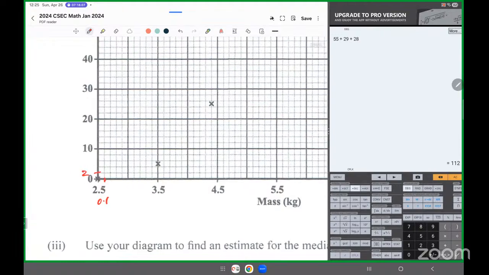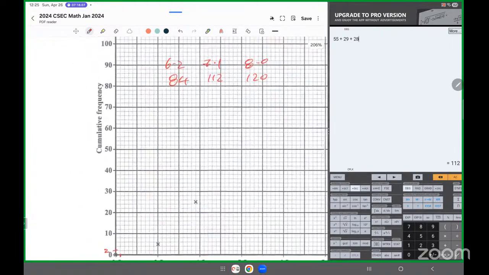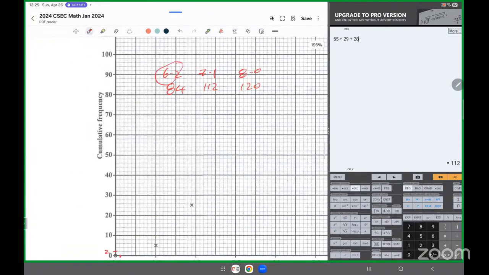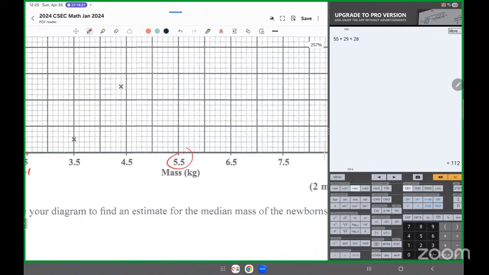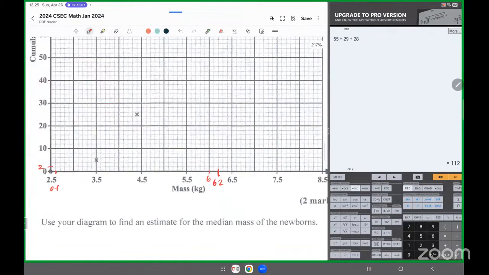So we're looking for 6.2. This is 5, this is 6.0. So 6.2 will be right here. And 6.2 going up to what? 84.